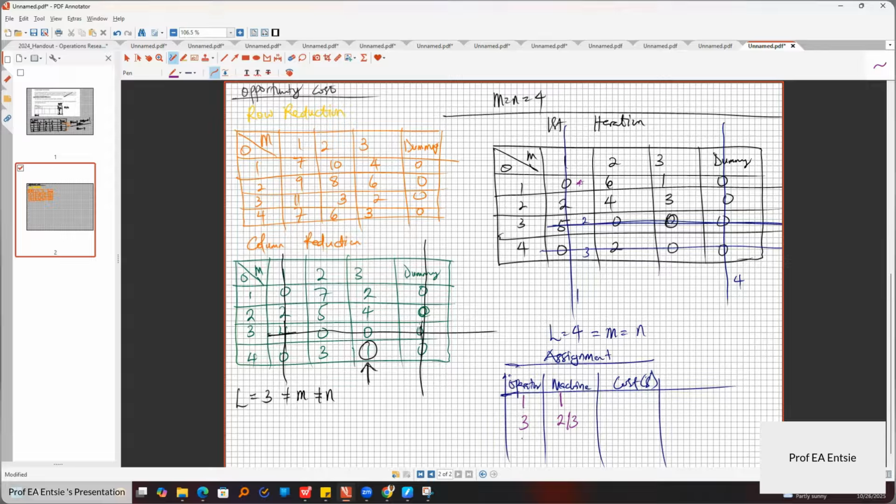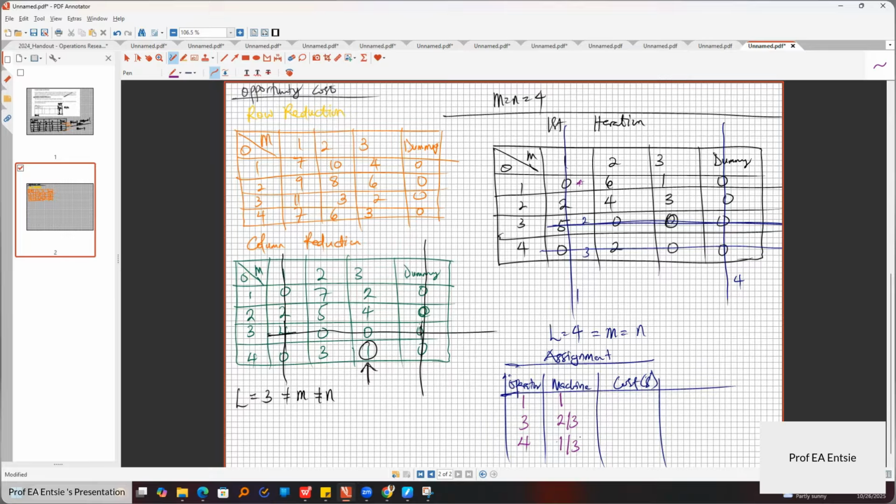I can assign four to what and what? I can assign four to one and then three. This one here and then this three. So one or three.